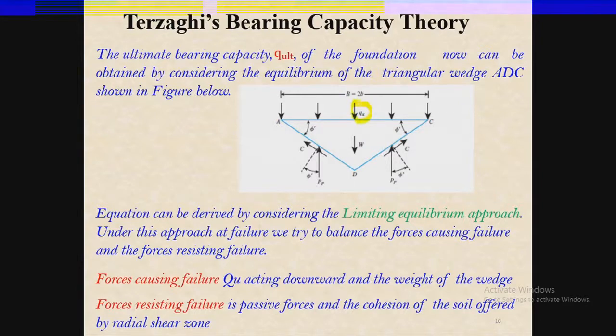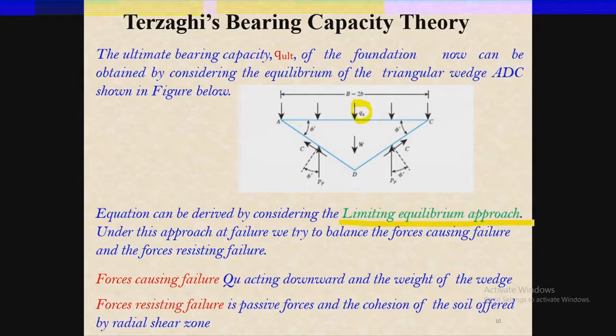This will be achieved by balancing the wedge ACD, which is known as the active zone of the foundation, which moves downward with the foundation. So Terzaghi assumes a limit equilibrium approach in deriving his equation.